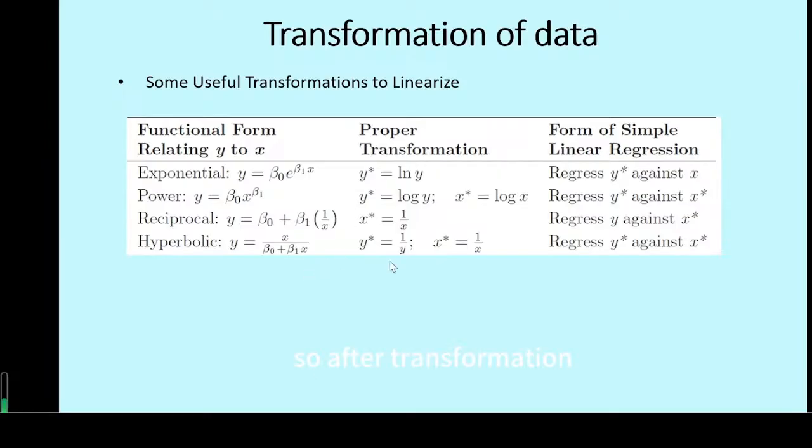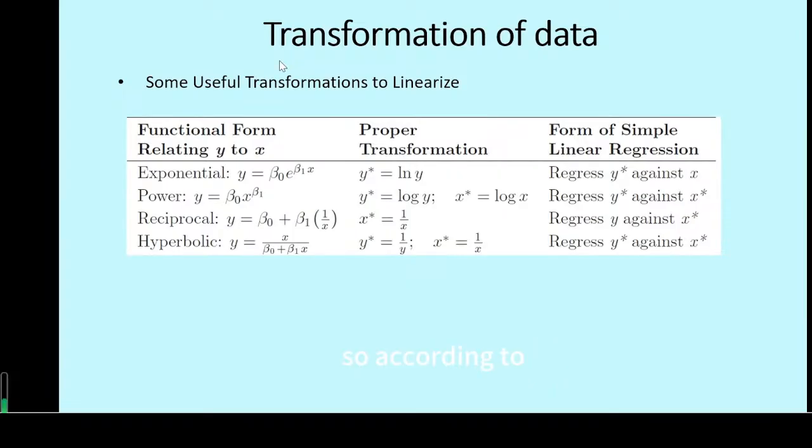After transformation, we can get a linear regression between the transformed variables. After we have estimated the linear regression with the transformed variables, we can transform back to the original parameters or coefficients we are interested in.